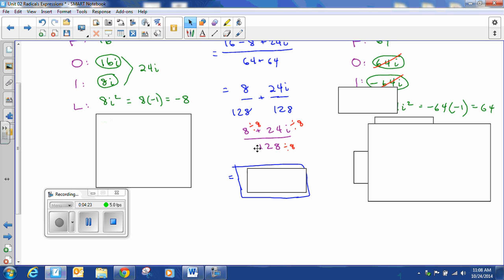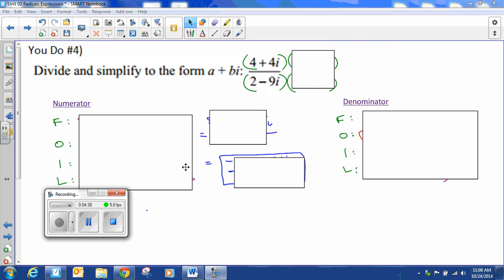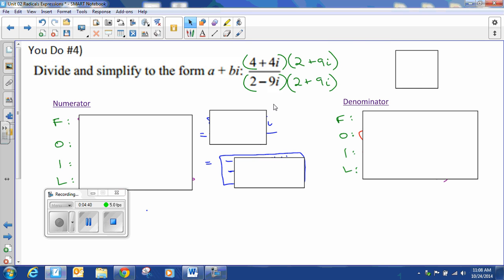Put it all together as one fraction, and we notice that we can reduce this fraction by 8. We end up with 1 plus 3i all over 16. And here is number 4, similar problem. We must rationalize the denominator.